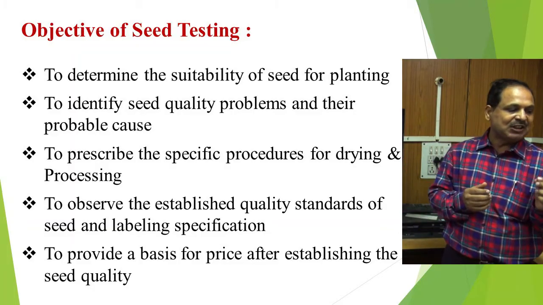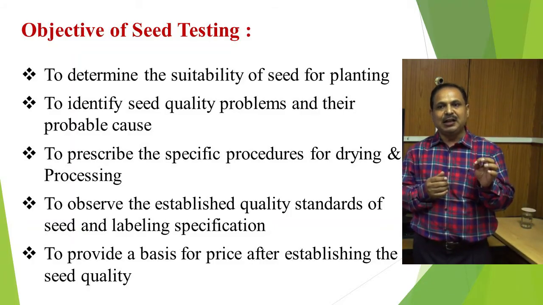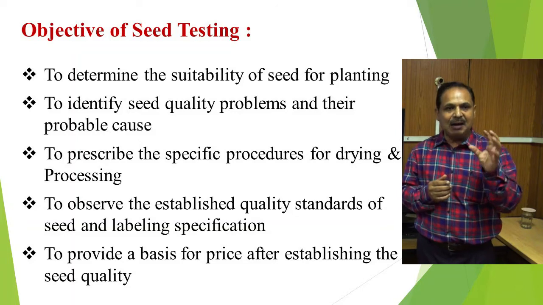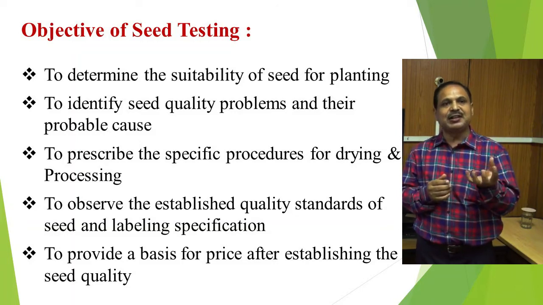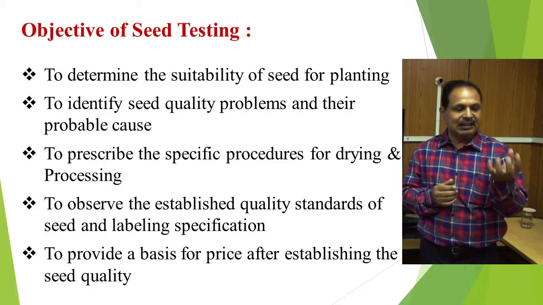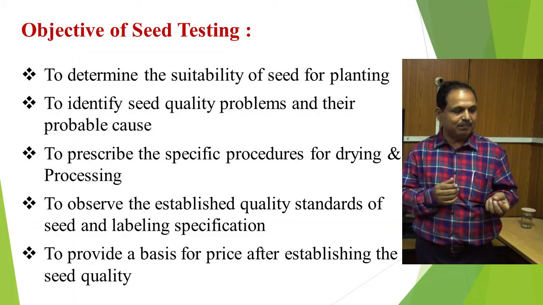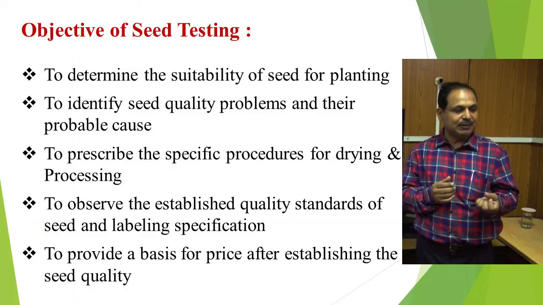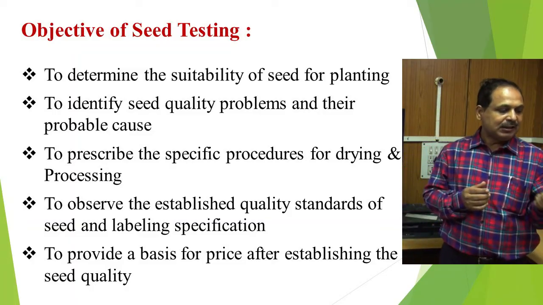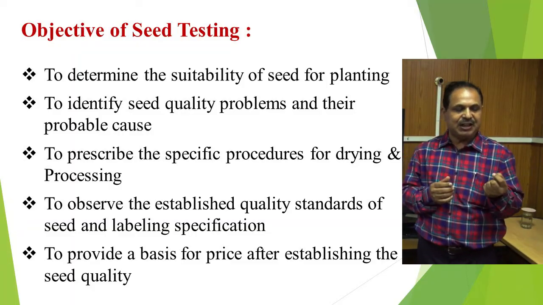Third, to prescribe the specific procedure for drying and processing. If we have a high moisture content in the seed samples, we must prescribe the drying procedures and the different processing procedures.